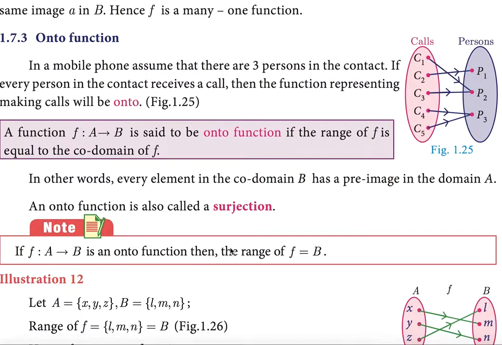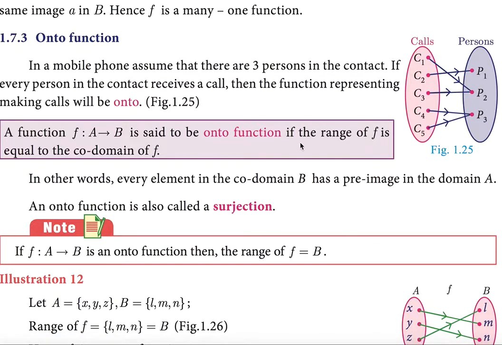If in a mobile phone, assume that there are three persons in the contact. If every person in the contact receives a call, then the function representing making calls will be onto.